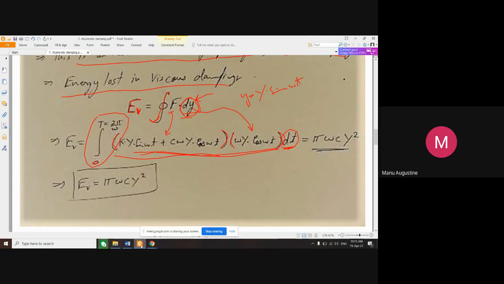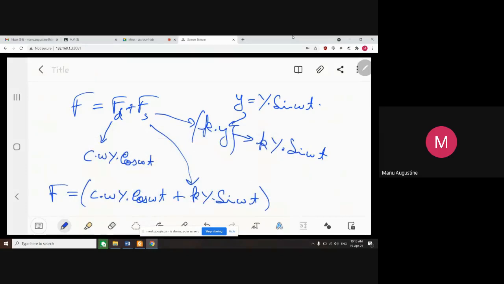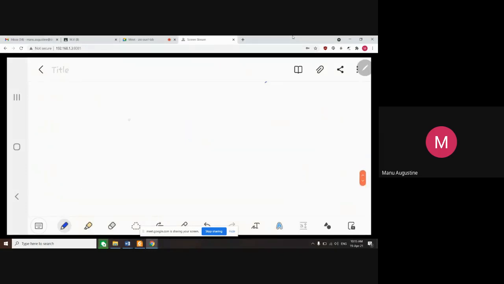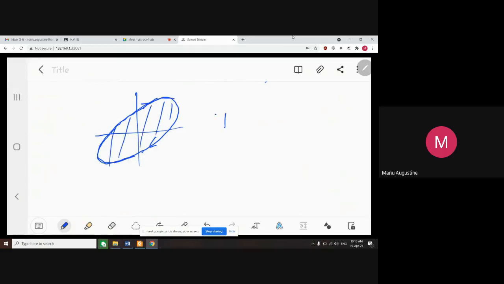Okay. But we want the energy lost for one complete cycle. Loading cycle, unloading cycle, going to the back side and then coming again. This whole cycle. Now whole cycle means one full time period.